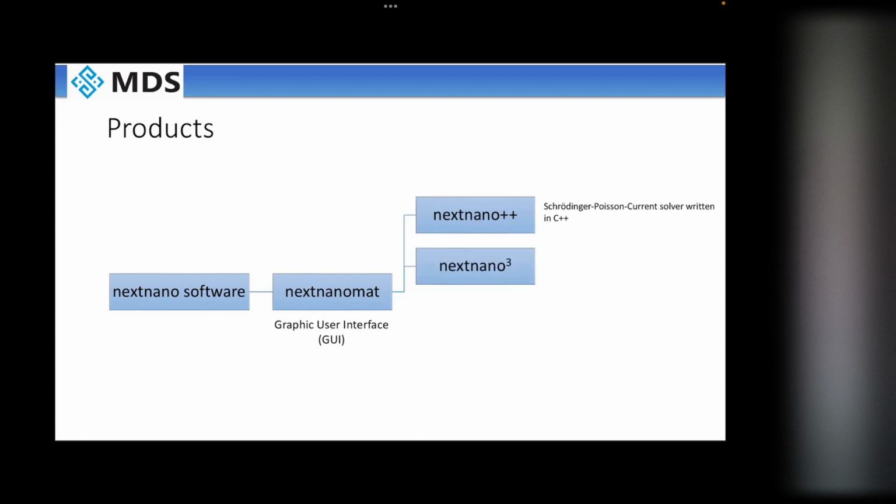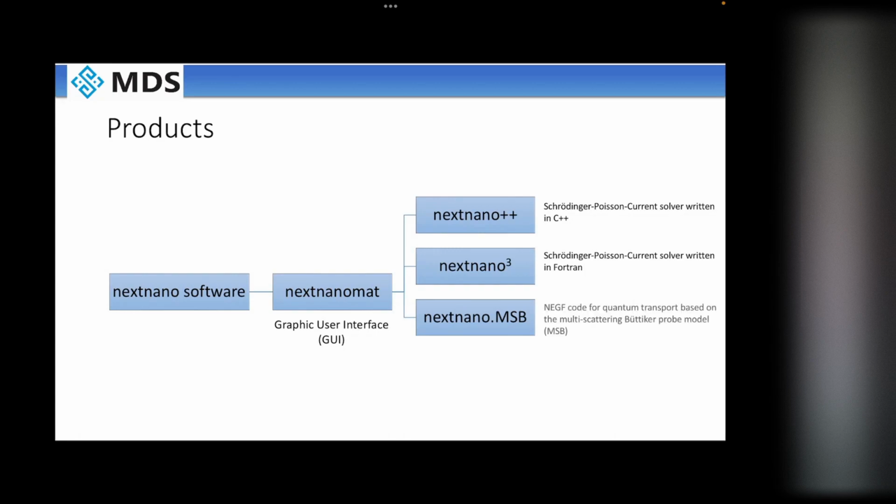And it also has Nextnano 3, which is more comfortable on Fortran. Nextnano MSP was the NEGF code for quantum transport based on the multi-scattering vertical probe model. Previously, it was mainly used to simulate the resonant tunneling diode and quantum cascade laser.